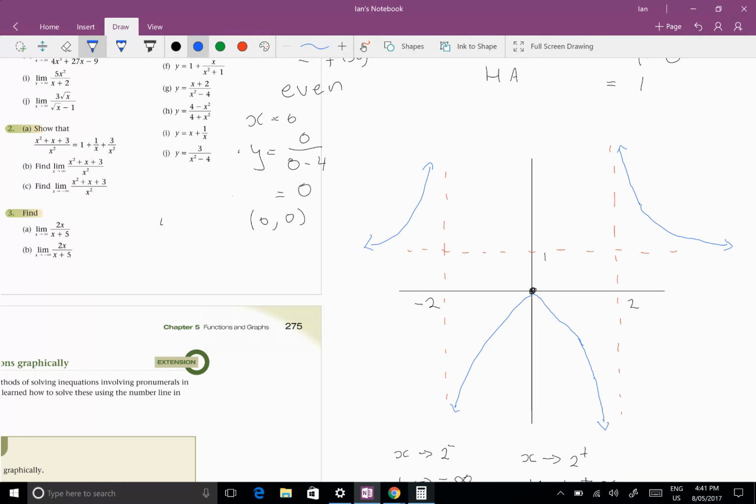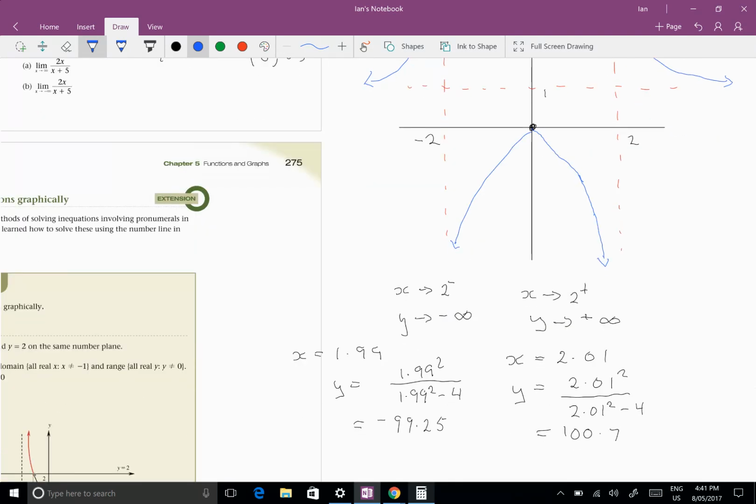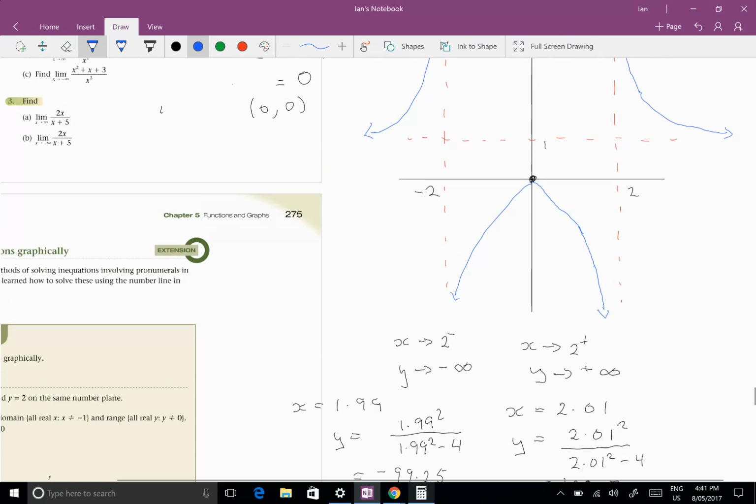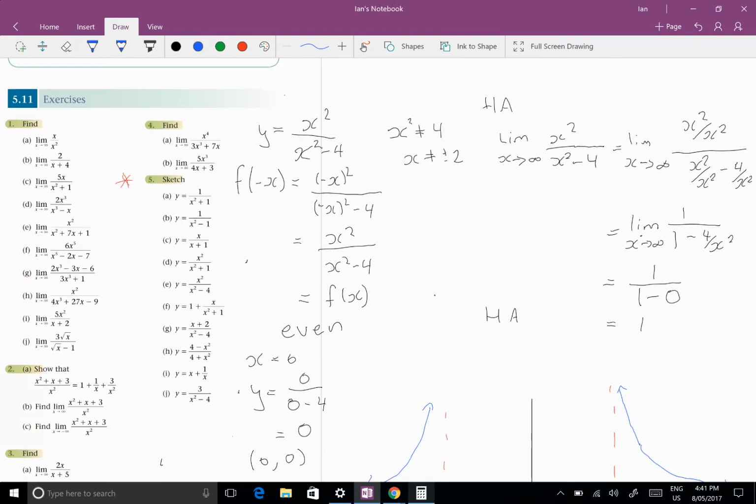So all the tricks of the trade, all the things you need to know. And I didn't have to plot any points. I could have plotted some. The only ones I really got were 0, 0, and 1.99 and negative 99.25, and 2.01 and 100.7. But look at what I did. I found the points of discontinuity for my vertical asymptotes.